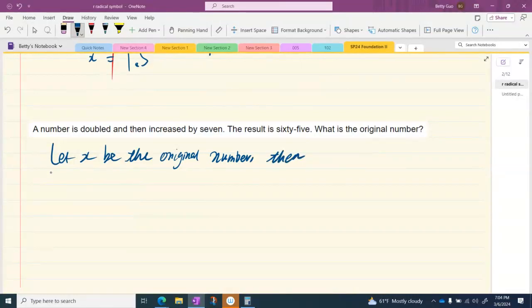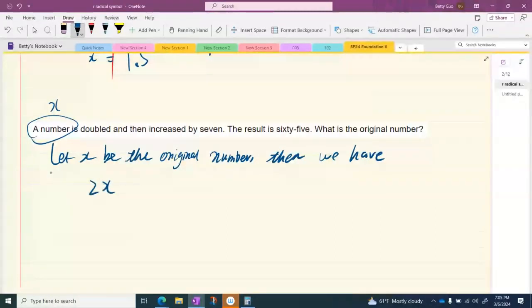Then we have a number x is doubled to 2x and then increased by 7. The result is 65. Okay, how about you help me to solve this equation?